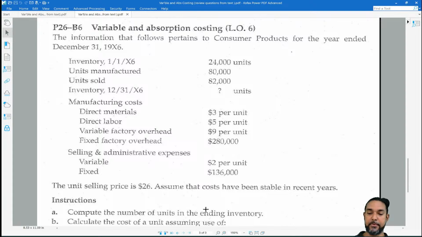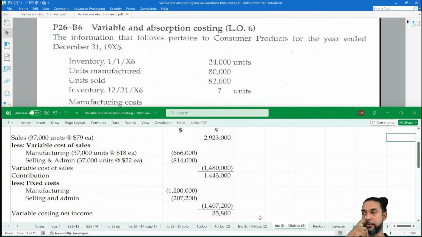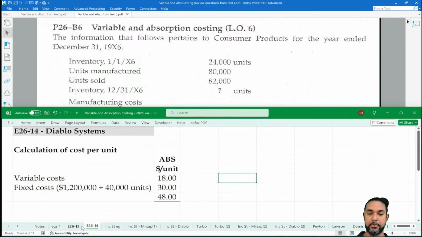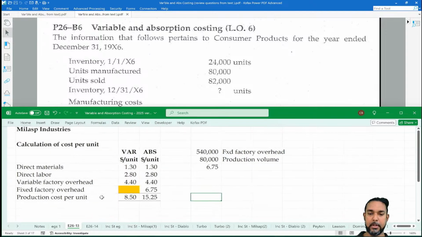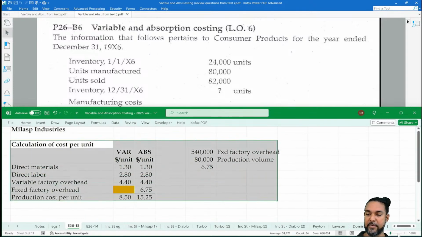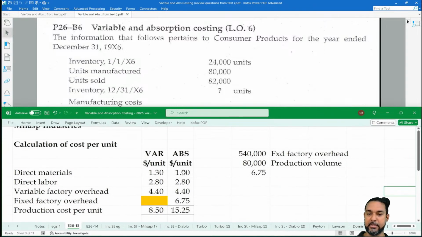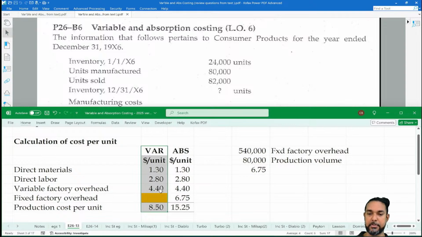The first thing I want you to do is write down that we have 22,000 in ending inventory. Then do a calculation of cost per unit, like what I have on the screen here. You'll do a side-by-side comparison of variable costing and absorption costing. Again, this is only manufacturing; we're not including any selling costs here.